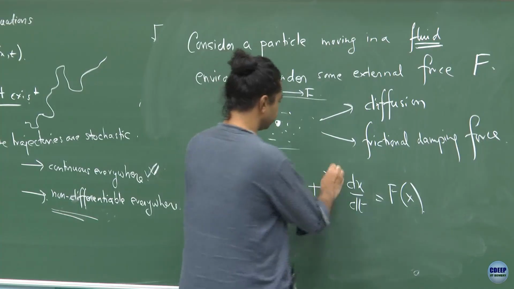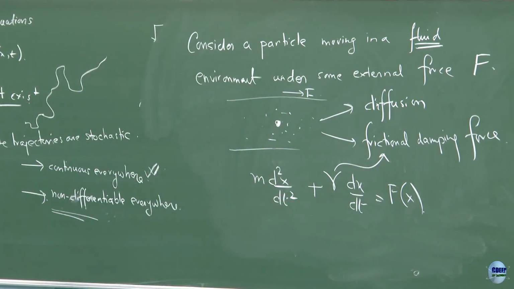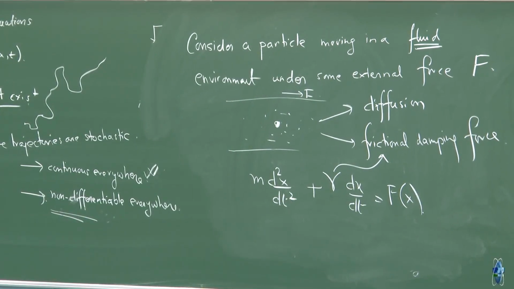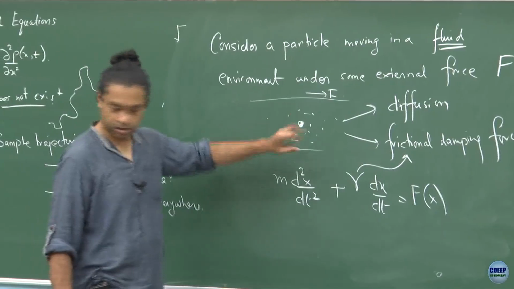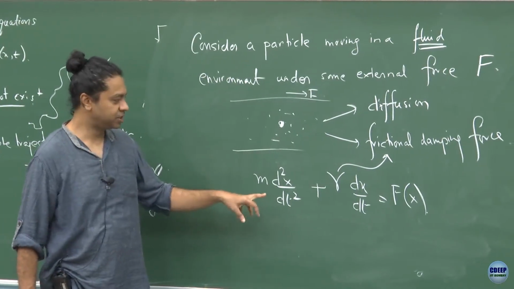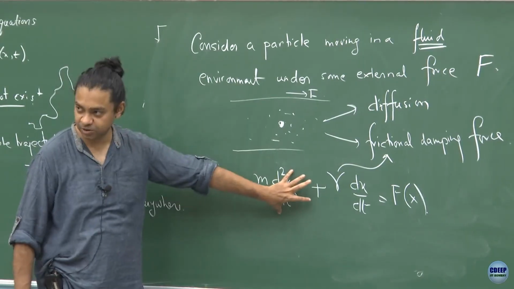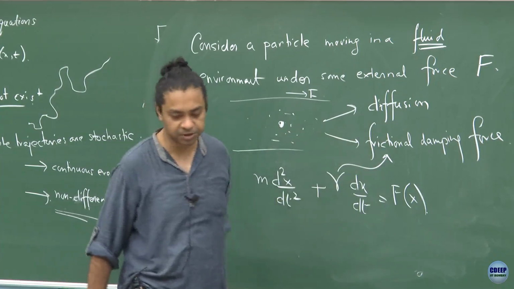Gamma is my friction coefficient. I will put it back. Remember, diffusion is non-differentiable, so I could not have written down an equation like Newton's laws of motion. So, let me just write down the equation and then I will add back this non-differentiable part.